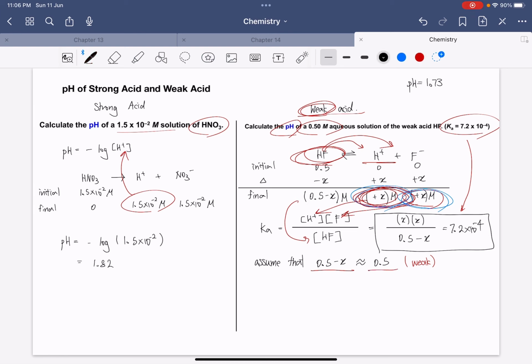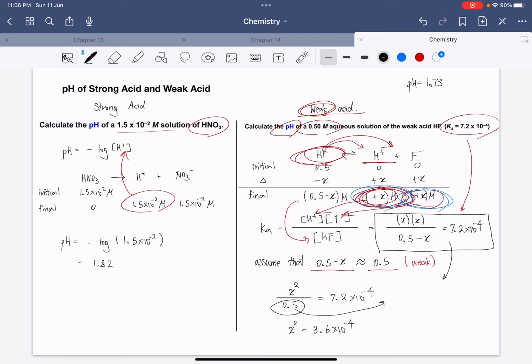So what does that bring to us? Then we can simplify this equation. Then we have x squared divided by 0.5 minus x, but we assume 0.5 minus x is approximately 0.5. Then it is equal to 7.2 times 10 to the minus 4. Then I'm going to bring this to this side. Then we have x squared is equal to 3.6 times 10 to the negative 4.